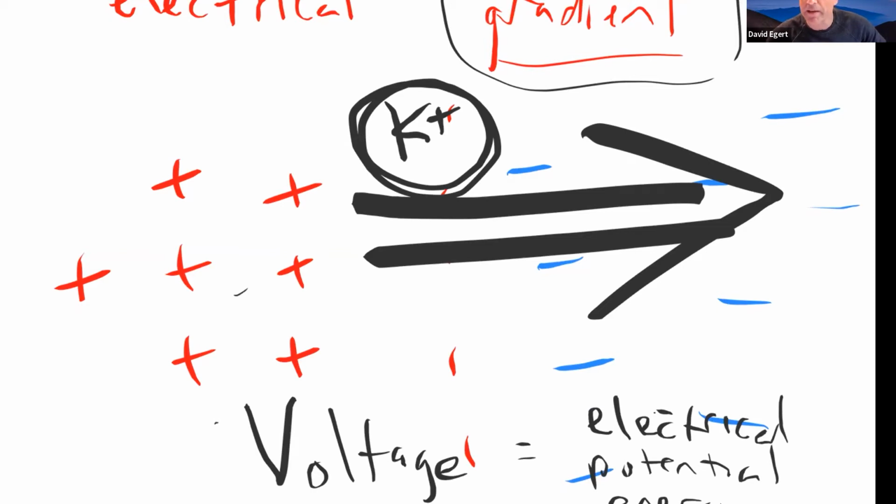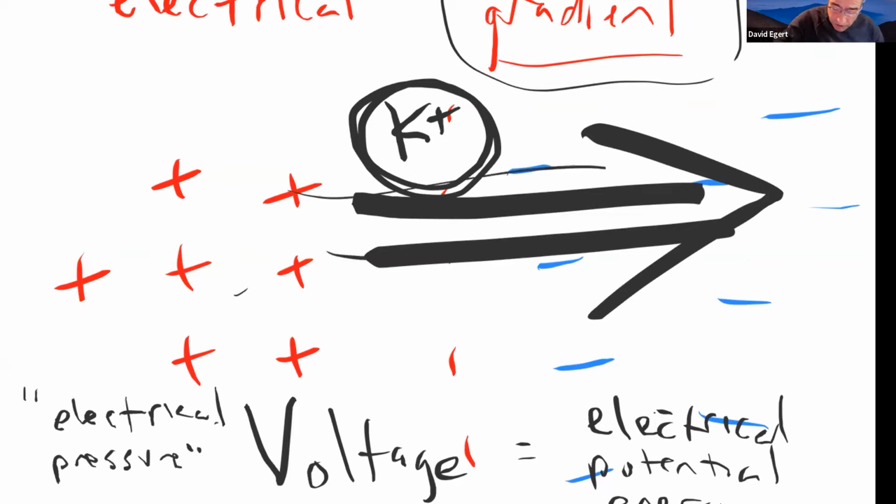When you stick your light on your battery, it's causing electrons to flow through the circuit driven by that electrical potential energy. Sometimes people call it electrical pressure, because it's pushing and pulling the charges to move.